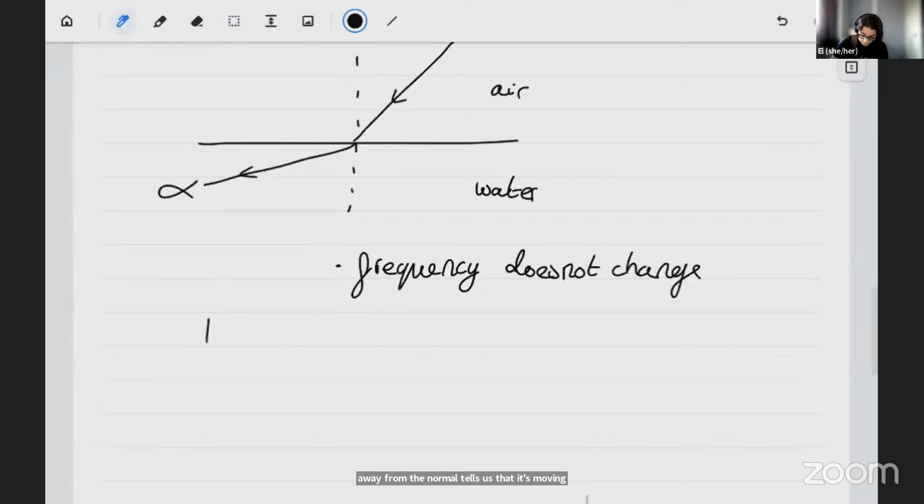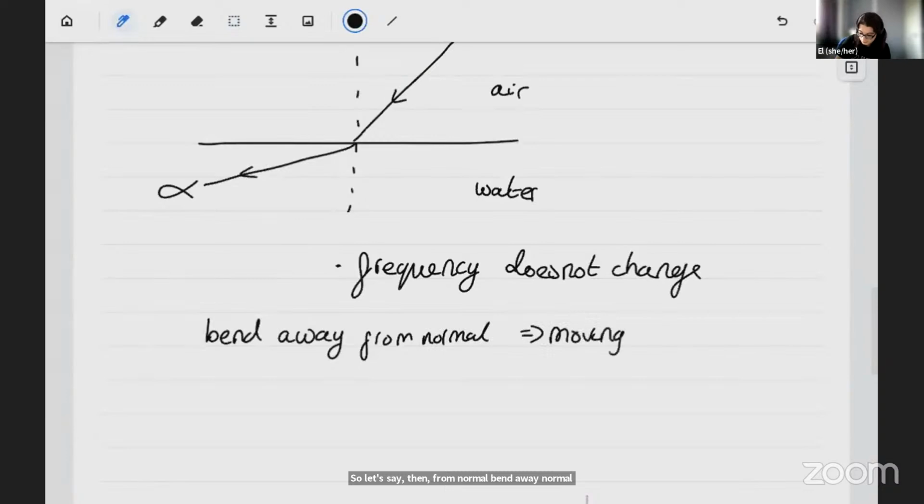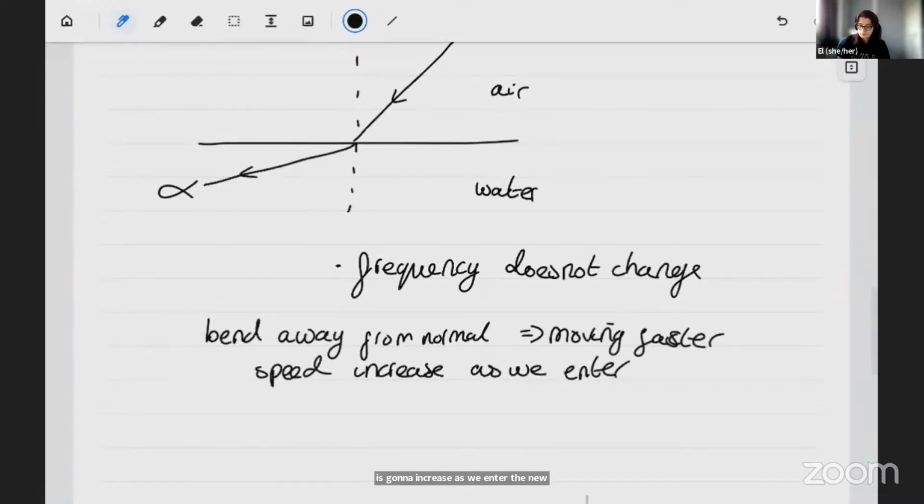So let's say bend away from normal implies moving faster. So we know that the speed of sound is going to increase as we enter the new medium. So I'm going to say speed increase.